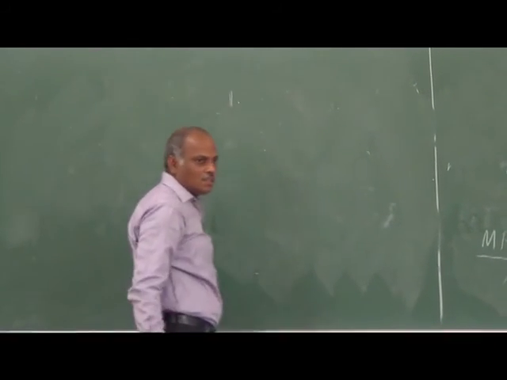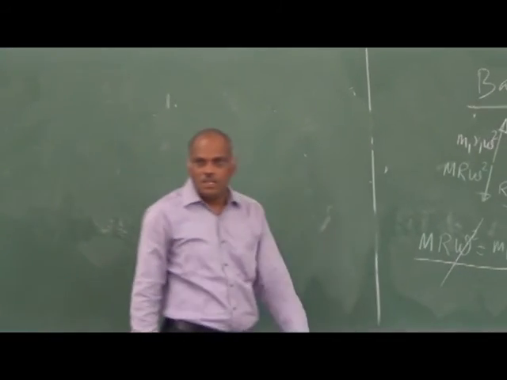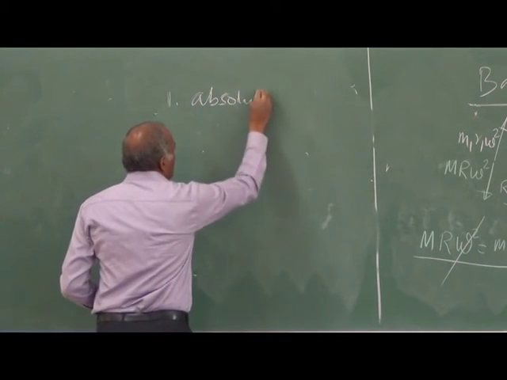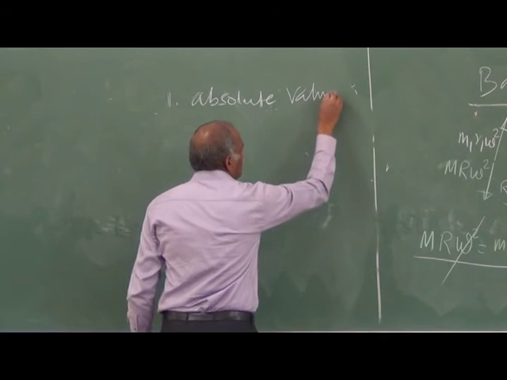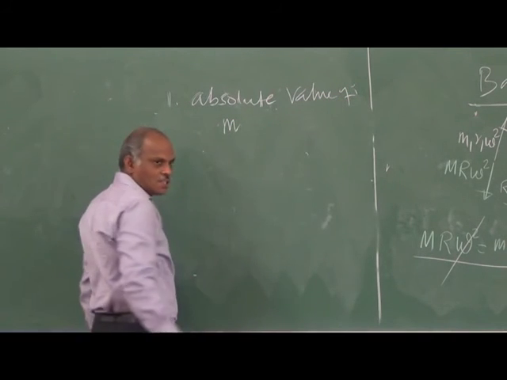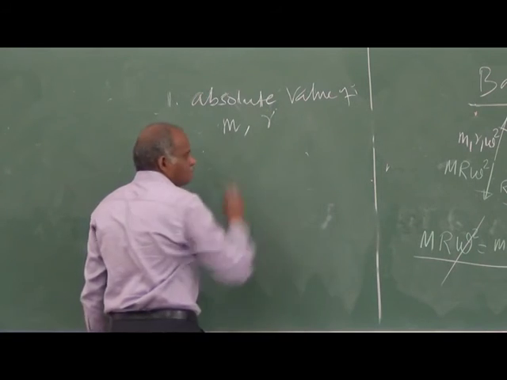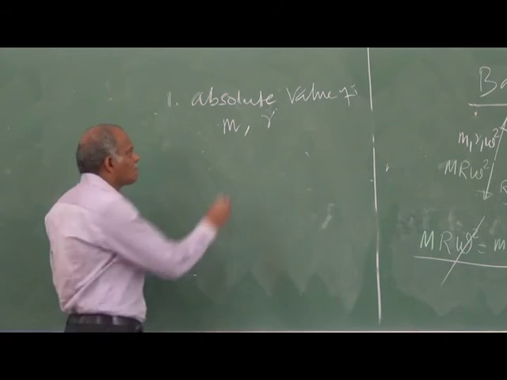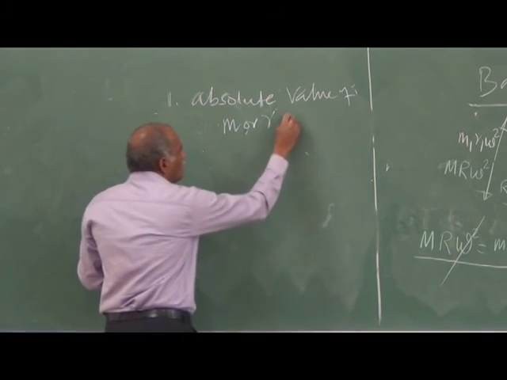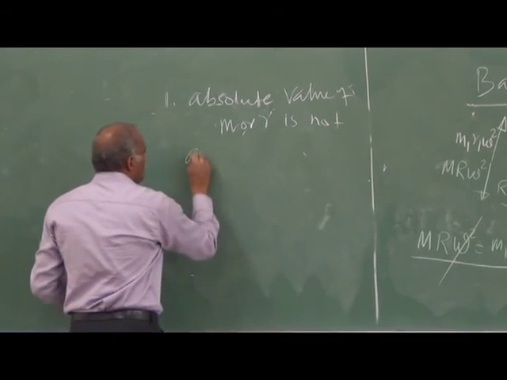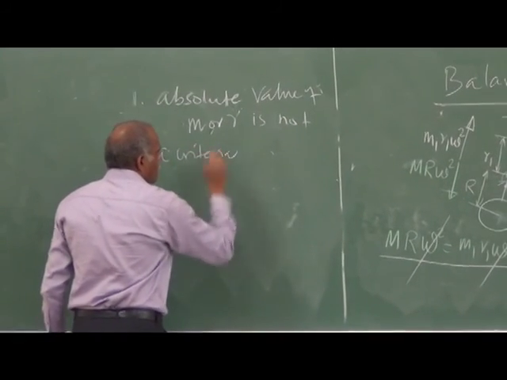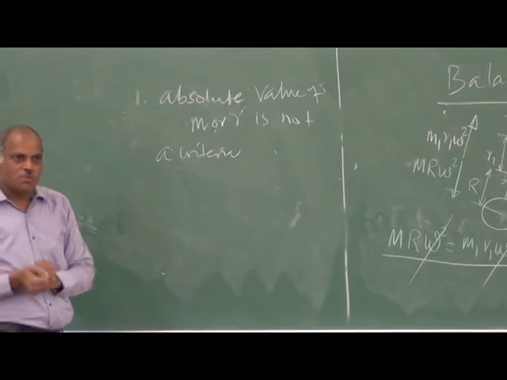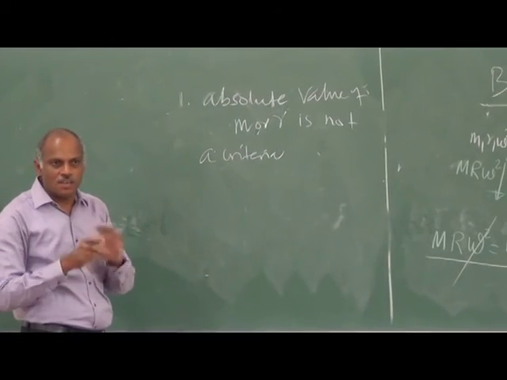One of the things is, when it comes to unbalance or balancing, the absolute value of mass or radius is not a criterion.